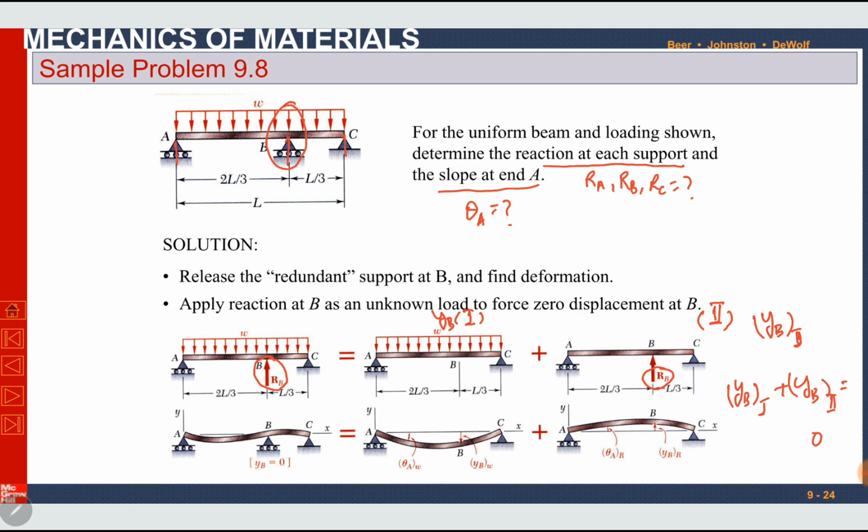So I will find YB1 and YB2 from the table and then put it into this equation, and we can find one unknown from this equation. Okay, let us move.